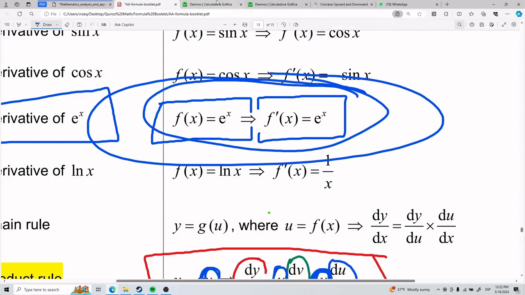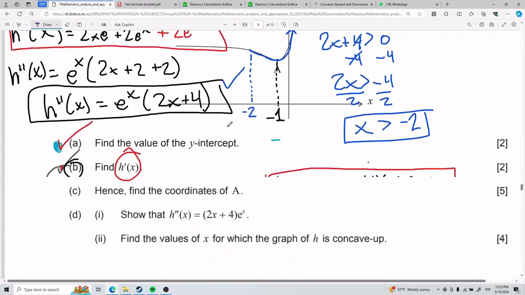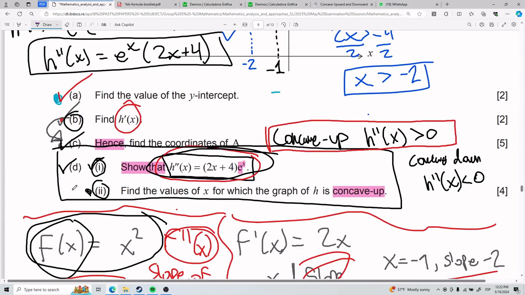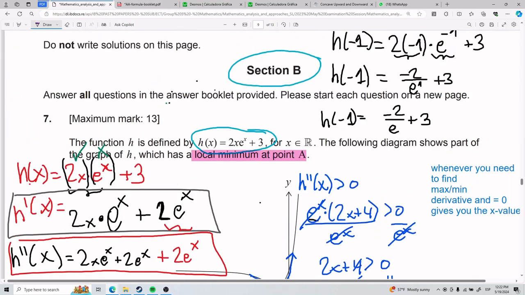And that is actually how you solve number 7. And so your answer for part D, double I, is just going to be x greater than negative 2. And your method points were doing exactly this. Concave up is taking the double derivative and making it greater than 0. Ladies and gentlemen, that is number 7, and I hope it helped.